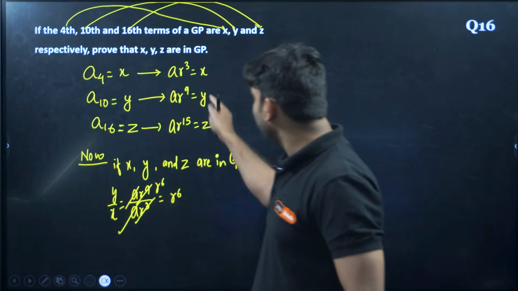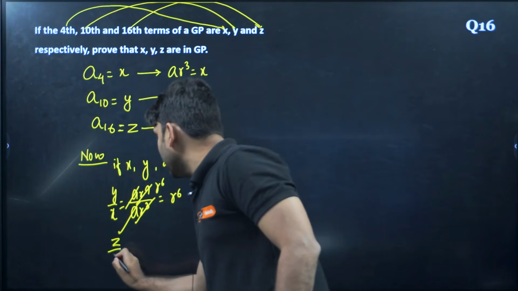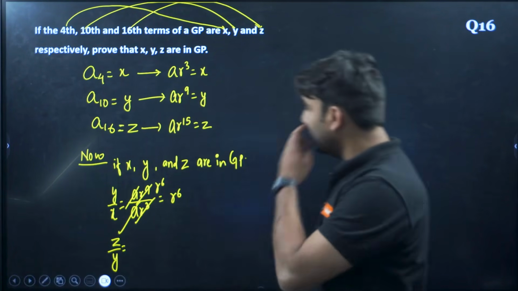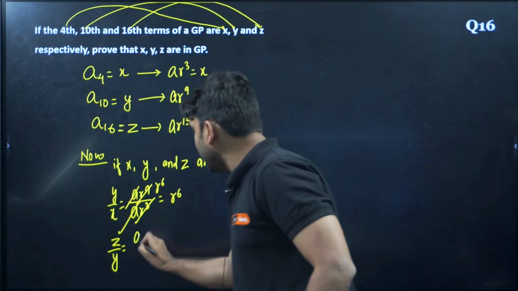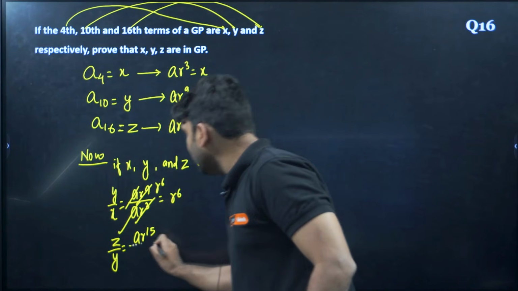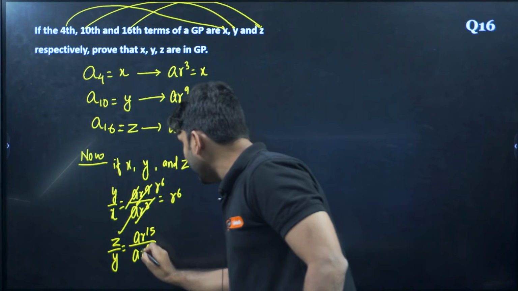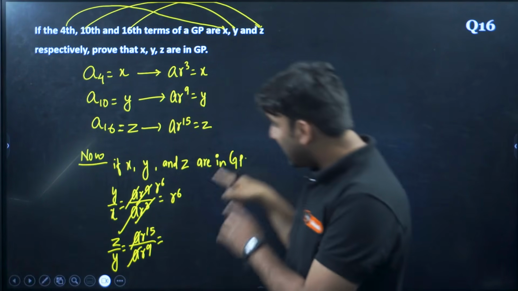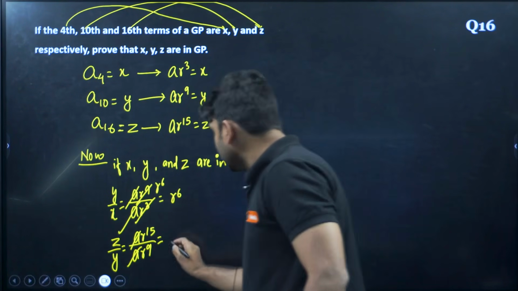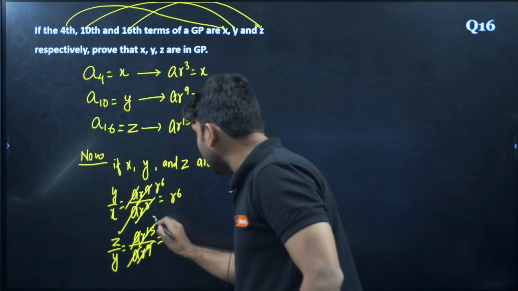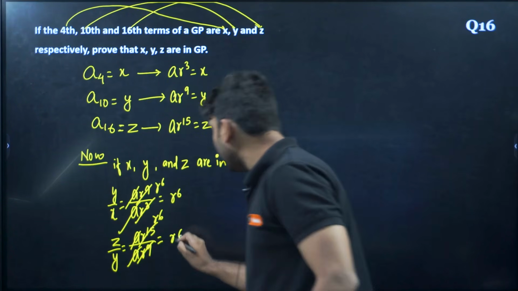Now find out the ratio of Z by Y, because Z is succeeding and Y is preceding. So Z is AR^15 and Y is AR^9. Now A and A will be cancelled, so R^15 divided by R^9 is equal to R^6, so we have R^6 here.